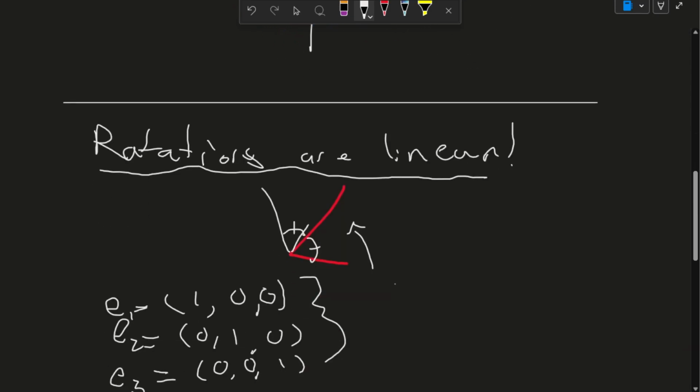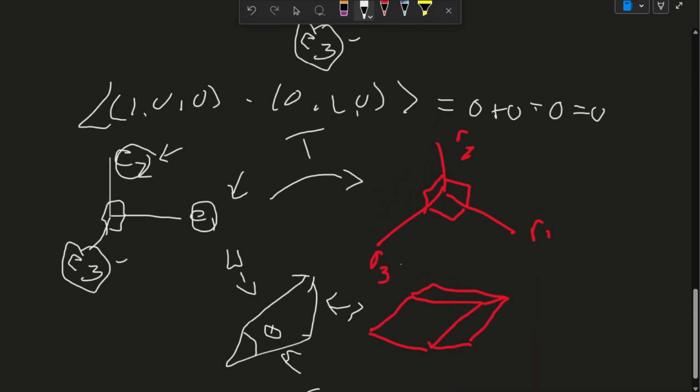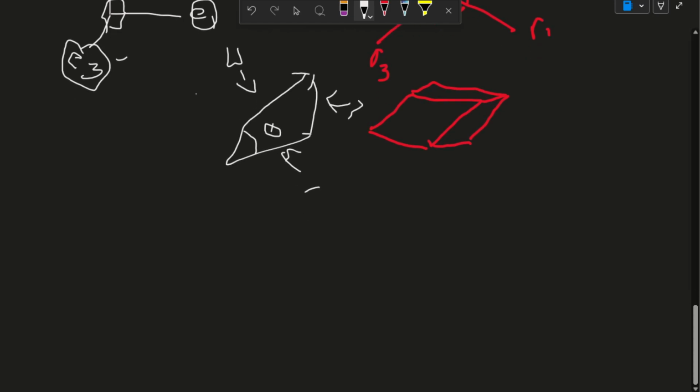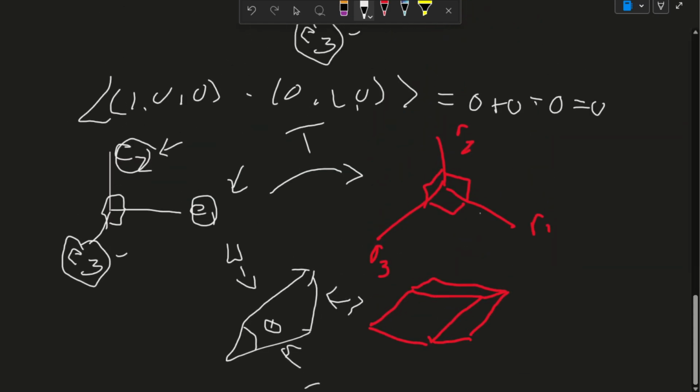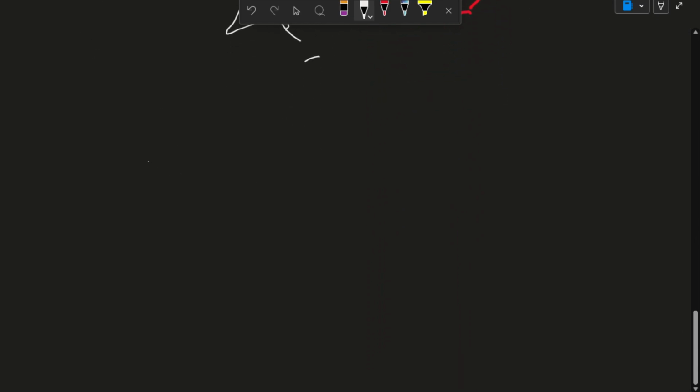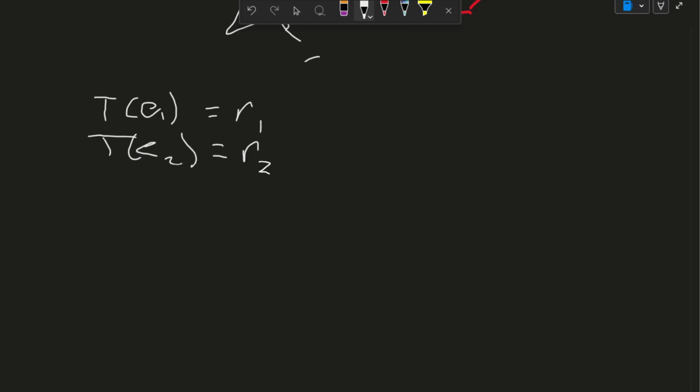then we can work out what algebraic properties they should have. And the first one is that it needs to map this standard basis to a bunch of orthogonal vectors, right? So, if I have a linear transformation T, it should map E1 to some vector R1. It should map E2 to some vector R2.